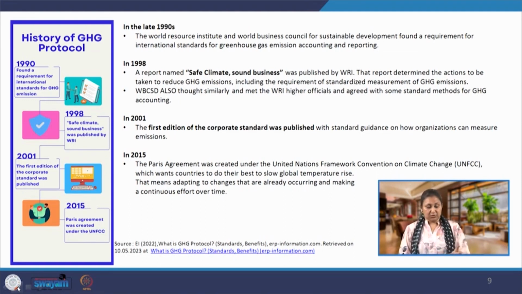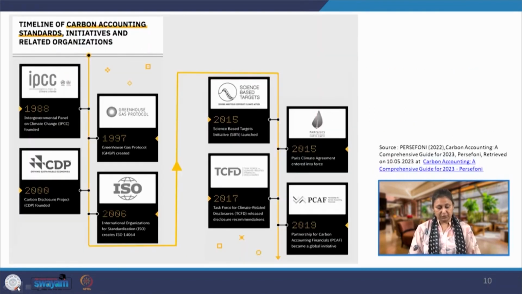At that time it was known as the corporate standard, and gradually that got elaborated, and which is what we know as GHG protocol today. And in 2015, almost 15 years later, the Paris Agreement was signed, created under the UNFCCC, which is what we have seen. So, these are the important events which have led to the development of GHG protocol, and the final version of the GHG protocol is still evolving. More and more inventories are being added, more and more businesses are being covered under the protocol.